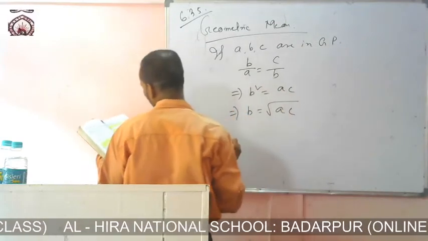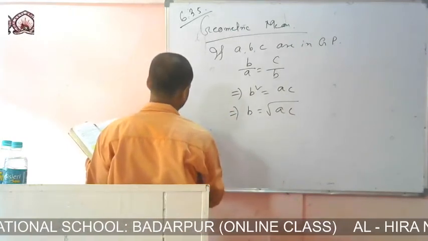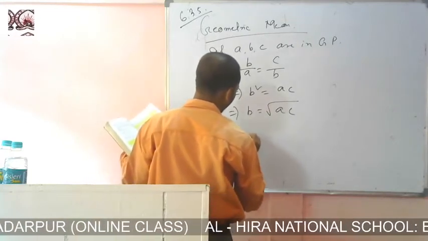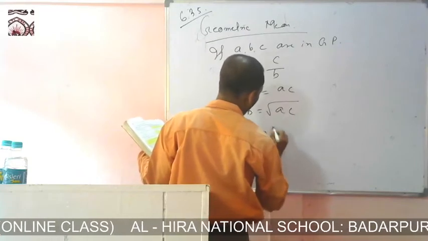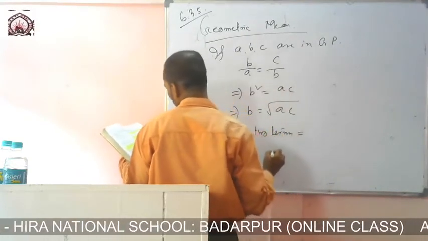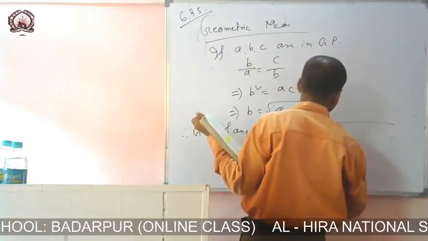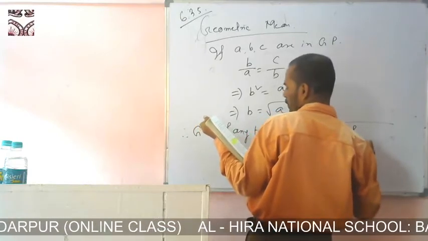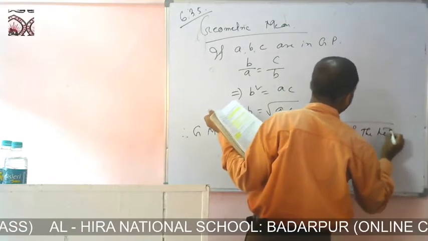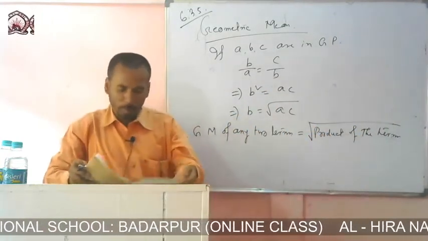This means the geometric mean of any two terms is equal to the square root of the product of the terms. Then this is called geometric mean.